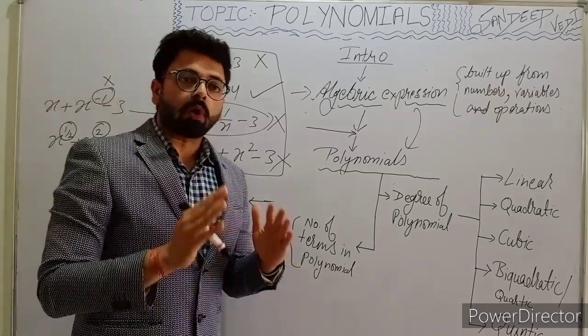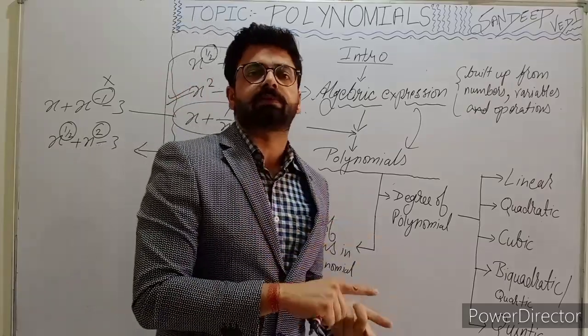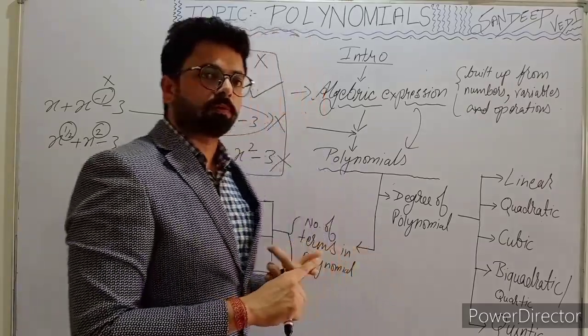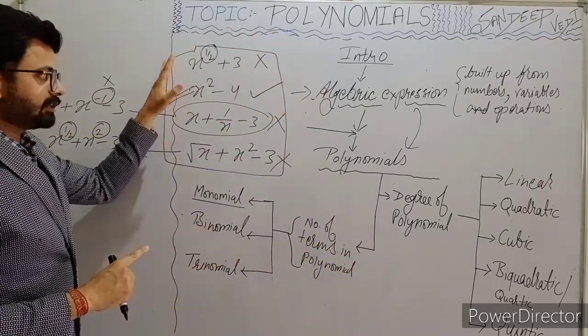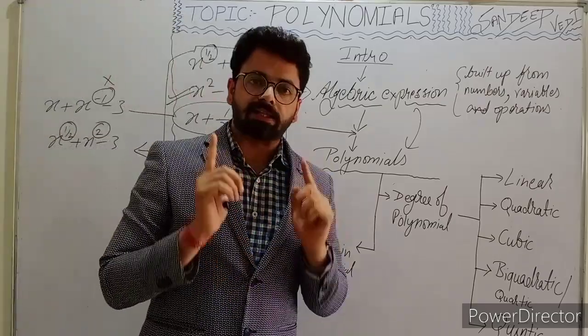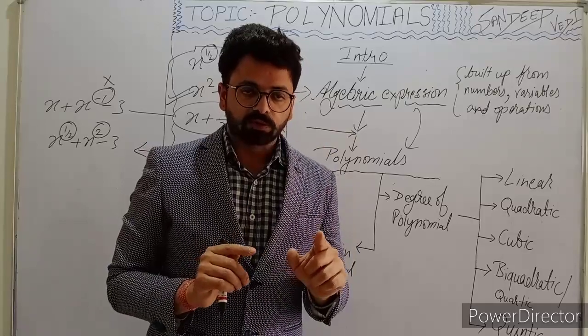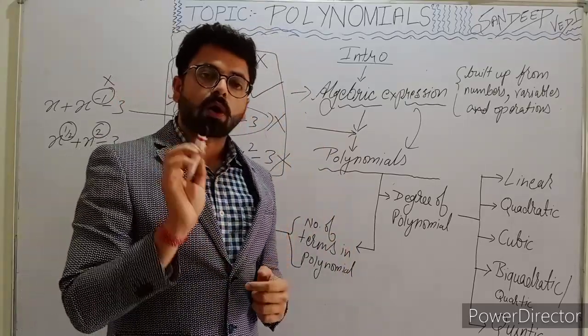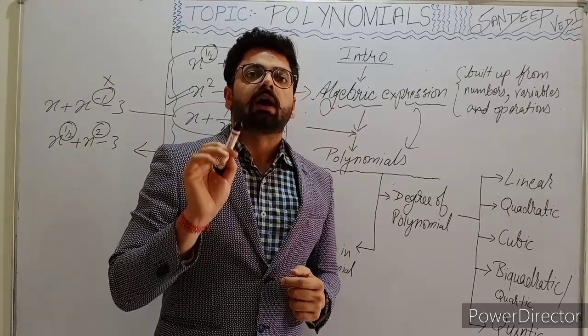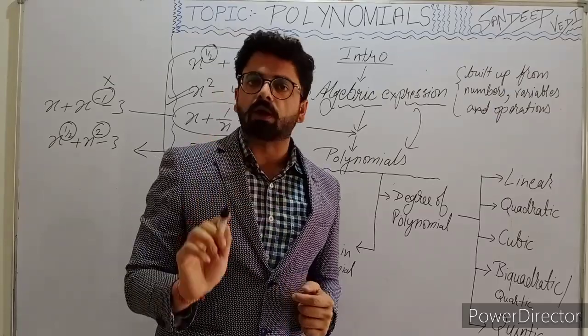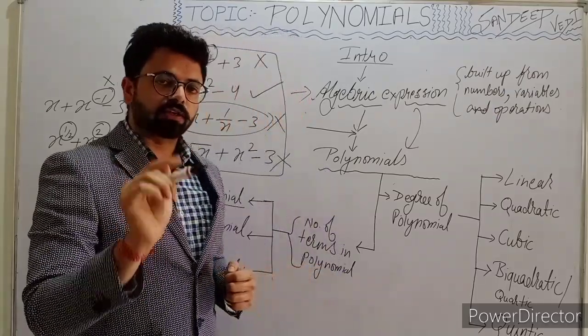Now one more thing, all the polynomials are algebraic expressions, but all algebraic expressions are not polynomials. Write down in your notebook, all the algebraic expressions are not polynomials, but all the polynomials are algebraic expressions.